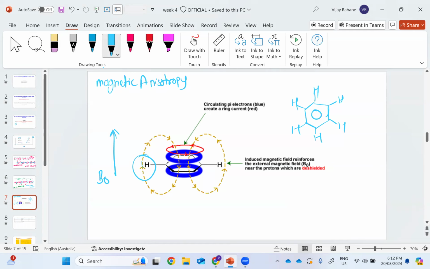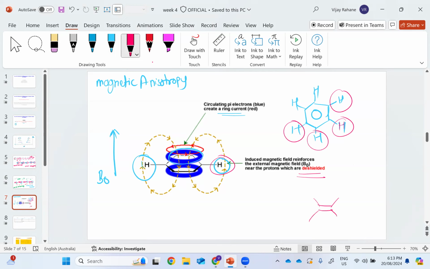These circulating pi electrons, which are localized here in this blue one, are located around the ring, the ring current will be in this manner, and the induced magnetic field will be reinforced on these terminal hydrogen atoms. So that's the reason for the olefinic protons, let's say we have some example of these olefins, these protons show a delta value of nearly 5 to 6.5 ppm.